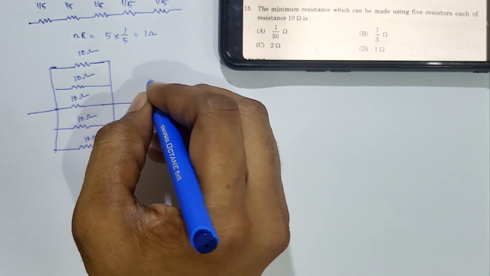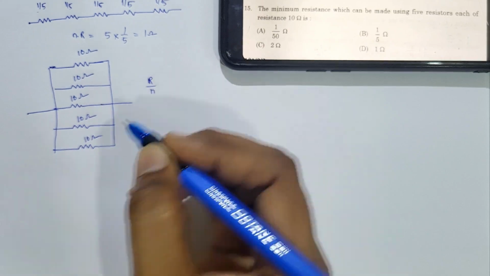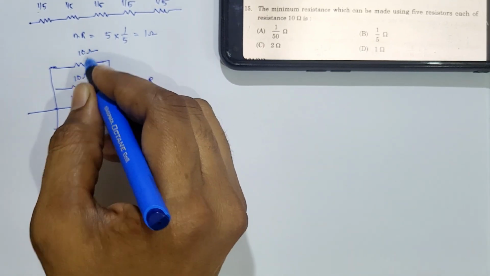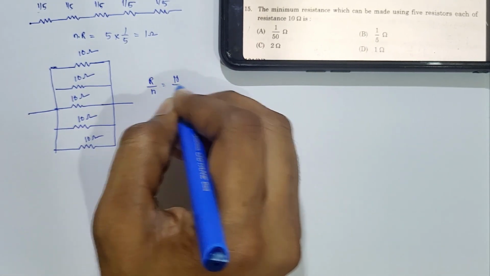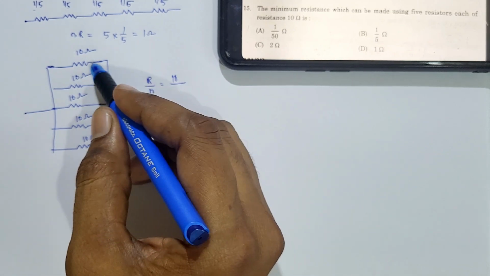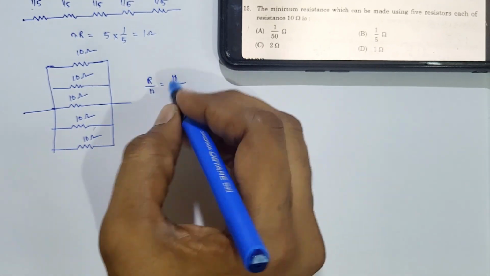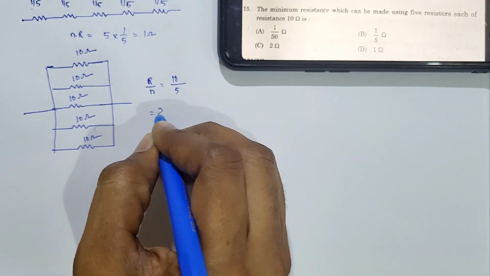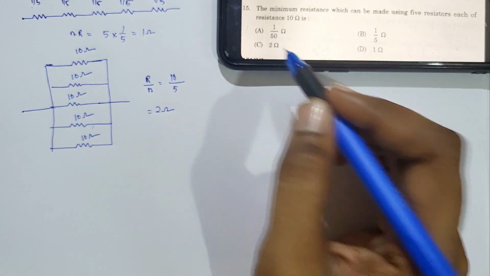What is the formula now? R divided by N. What is the R value? 10 ohm. That is equal to 10 divided by N, the number of resistances: 1, 2, 3, 4, 5. 10 by 5 is 2 ohm. So the answer will be Option C, 2 ohm.